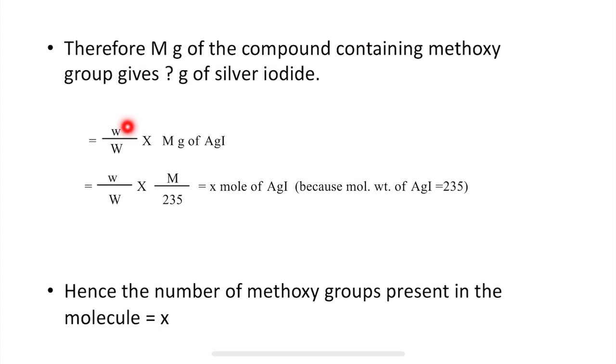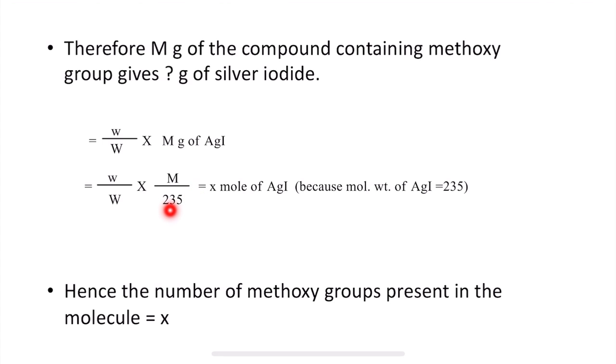Here small letter w corresponds to the mass of silver iodide, and capital letter W corresponds to the mass of the ether compound, into the grams of silver iodide, which is written as m divided by the molecular weight of silver iodide.